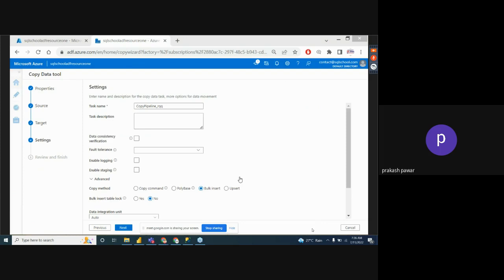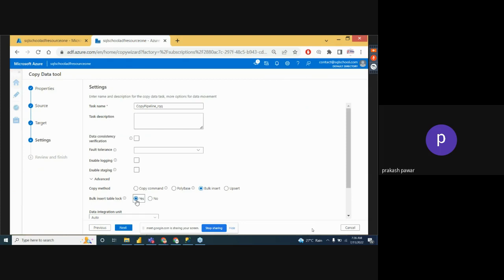Bulk activity, bulk operation, or simply say bulk transaction per table. It is per table, and it's recommended to log the table for faster ETL activities. If the table is not logged, what happens?